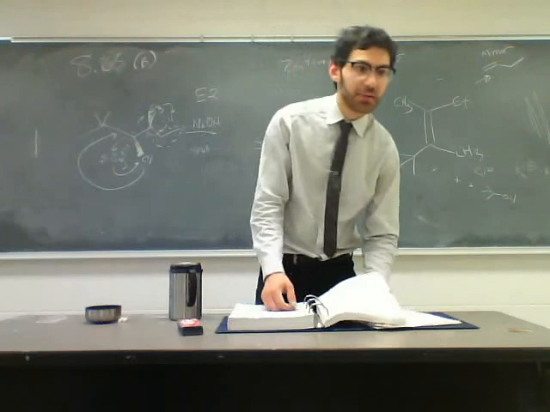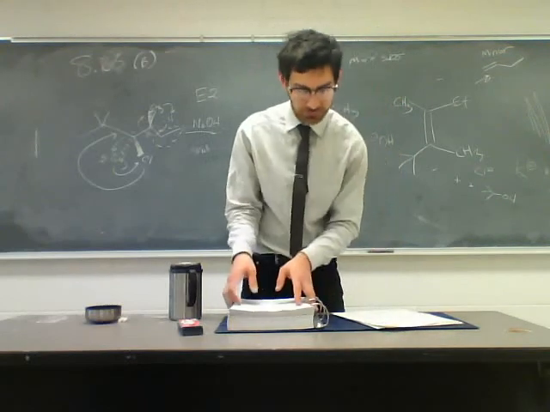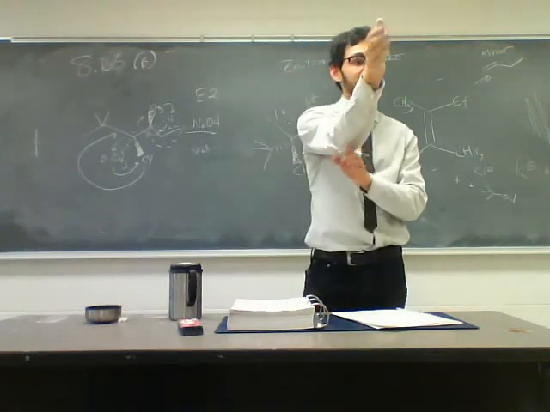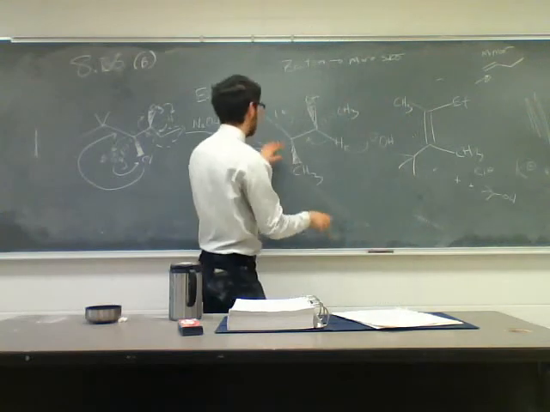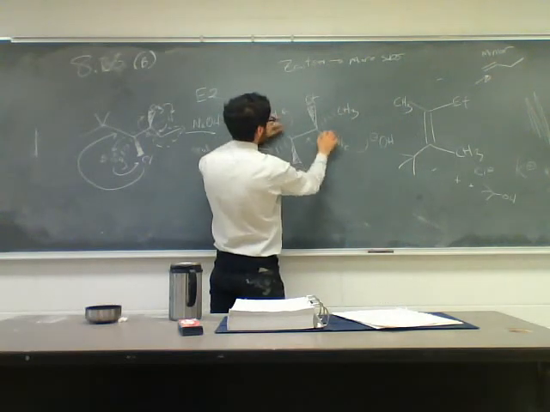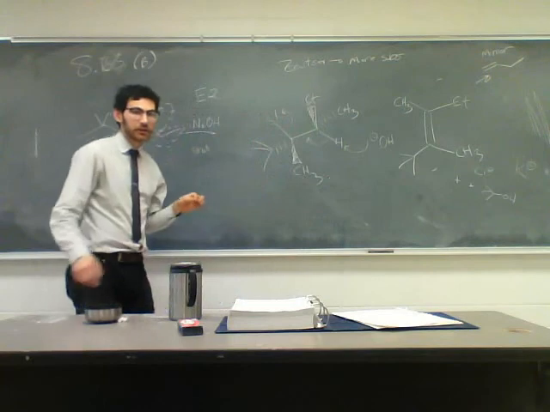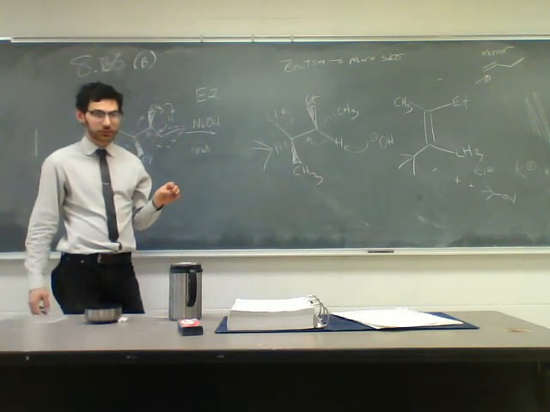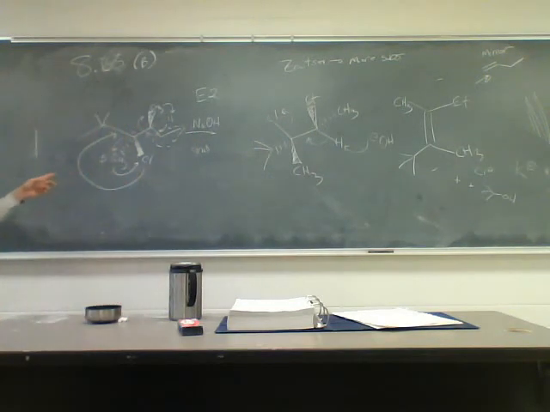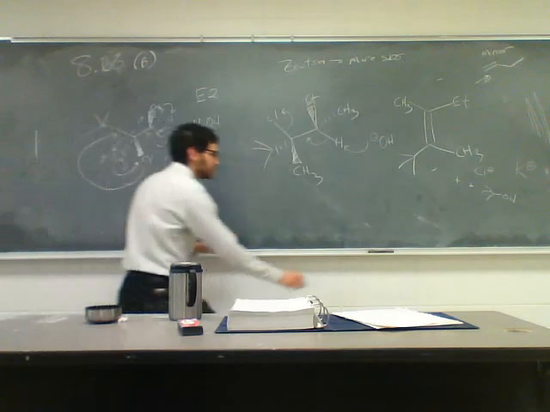So basically, coplanar, you mean they have to be on the plane. In the same plane, yeah, and anti. So they're both in the plane of the board, and anti relative to one another. I mean, in that first example, one's coming at us, the other one's going back.